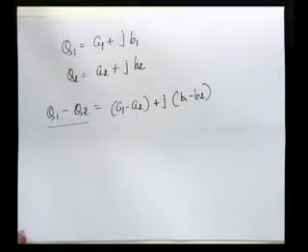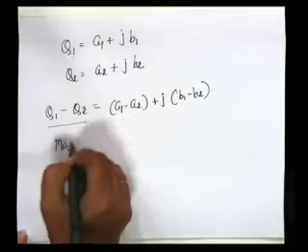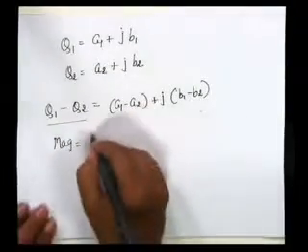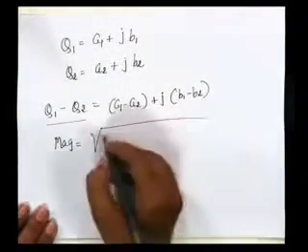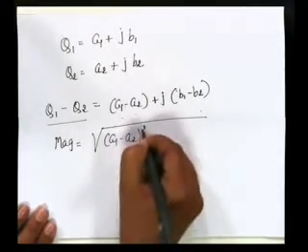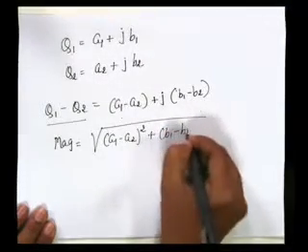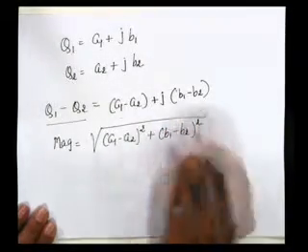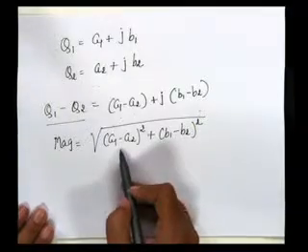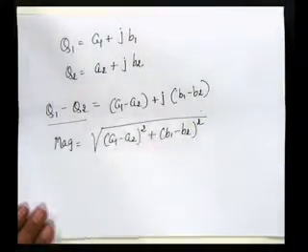Again, if you have to convert into polar form, find the magnitude. So magnitude is equal to under root of A1 minus A2 square plus B1 minus B2 square. So square of real part plus square of imaginary part. So it will give you the magnitude.